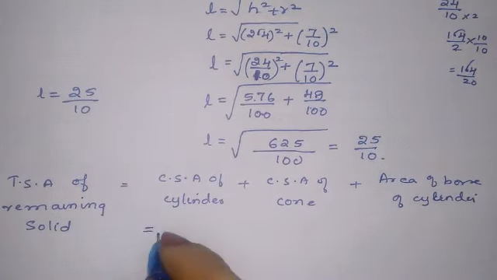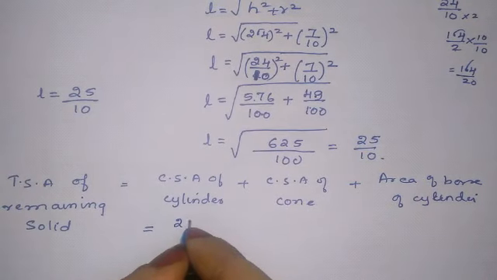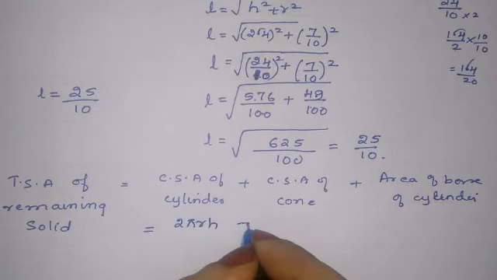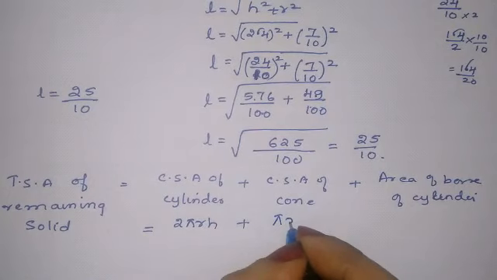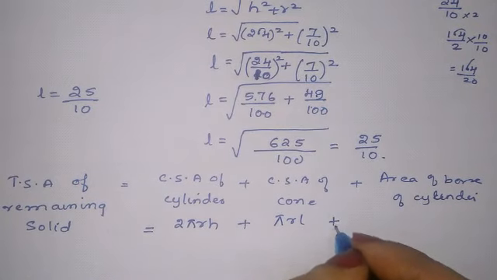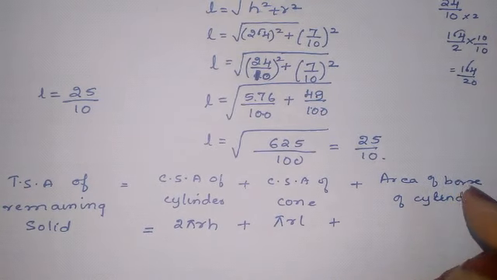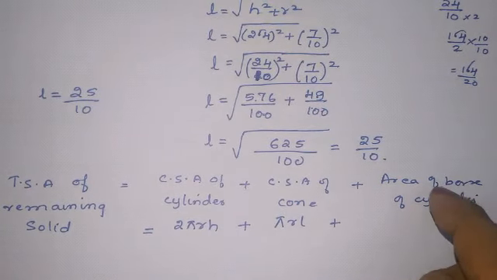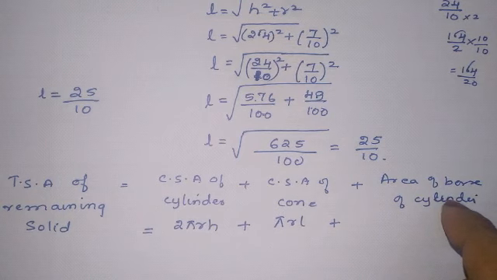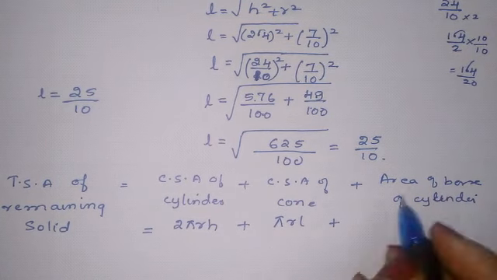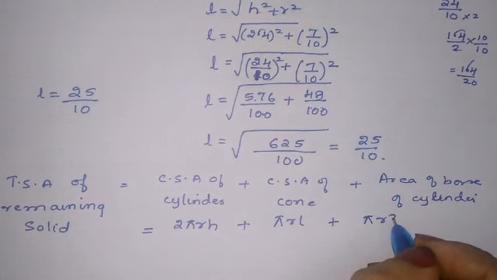Let us write the formulas: 2 pi r h plus CSA of cone, pi r l. To solve this problem, the formulas should be known. Area of the base of the cylinder is a circle, so area of circle is pi r square.